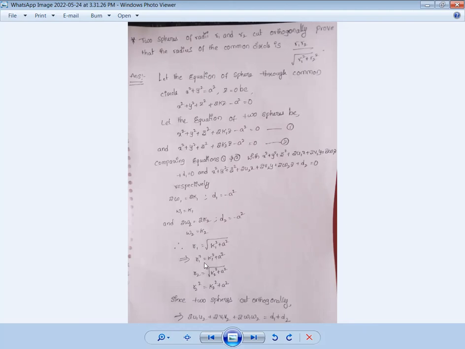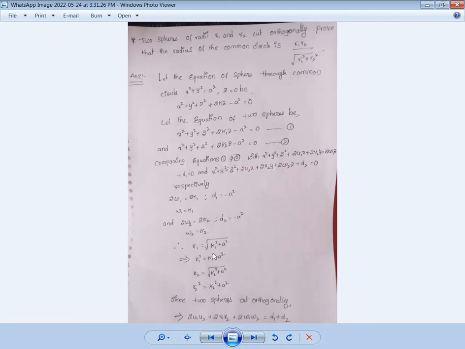Now first we have to find out the radius. What is the radius formula? r is equal to square root of u square plus v square plus w square minus d. Here u and v are both zeros, w1 is k1, so w square means k1 square, plus minus a square. d1 is here in this formula as minus d, so minus into minus gives plus a square. r1 is equal to square root of k1 square plus a square.